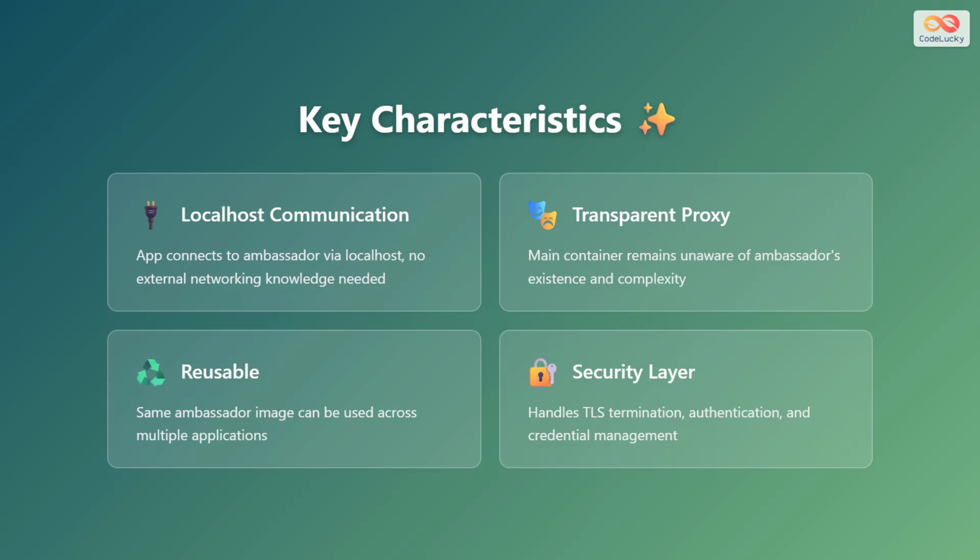Third is reusability. The same Ambassador container image can be used across multiple applications, promoting consistency. Fourth is the security layer. The Ambassador handles critical security concerns like TLS termination, authentication, and credential management, keeping sensitive operations separate from application code.